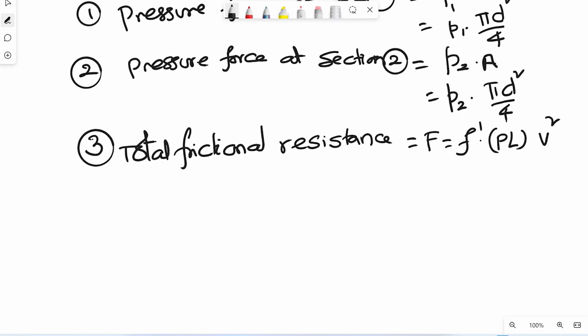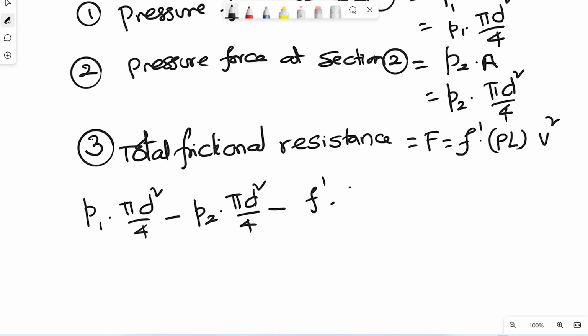Now, if I take the resultant of these forces, then P1 into pi d square by 4 minus P2 into pi d square by 4 minus F dash into P L into V square is equal to 0.